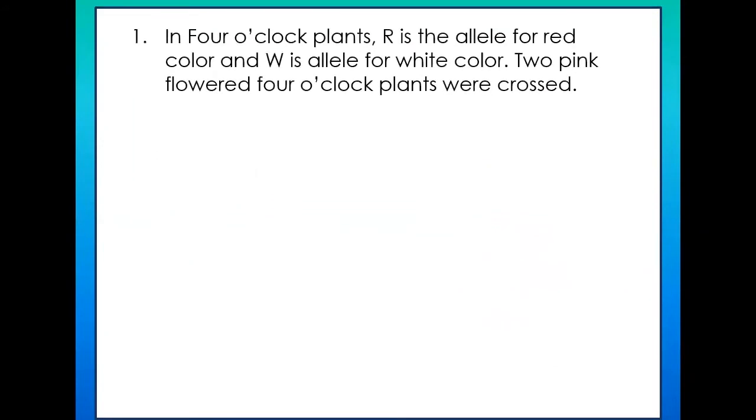Now, let's have this problem. Problem number one: in 4 o'clock plants, R is the allele for red color, and capital W is the allele for white color. So you remember now, maybe you're starting to remember the concept you learned in grade 8, that when we use capital R as the allele, that gives us a dominant trait.